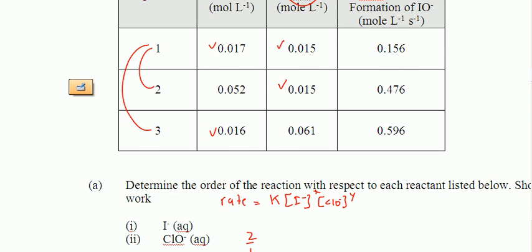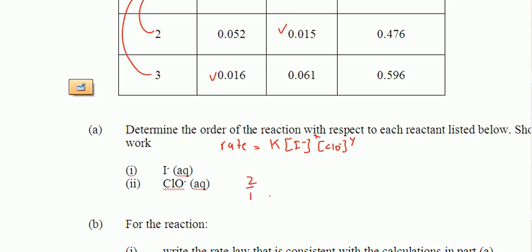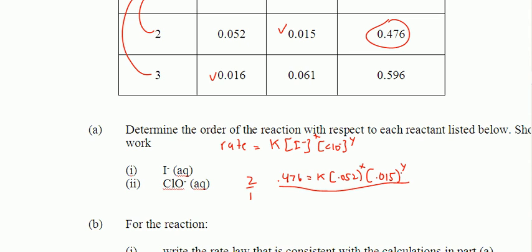So my rate is right here, 0.476 equals k multiplied by what I is, 0.052 raised to the x power, multiplied by what ClO is, 0.015 raised to the y power, all over 0.156, which is equal to k, this is for 1, multiplied by the concentration 0.017 raised to the x power multiplied by 0.015 raised to the y power.